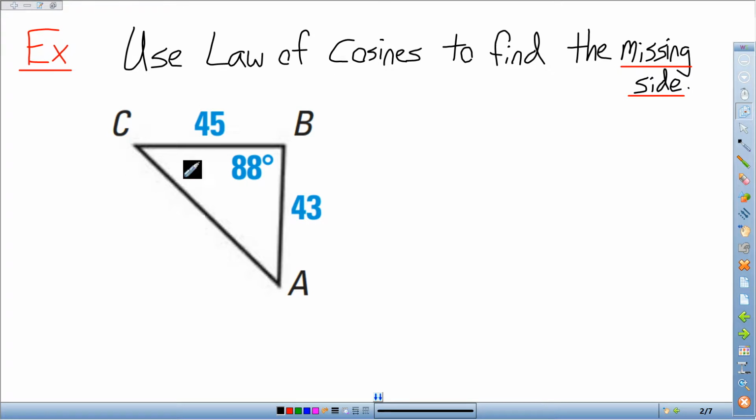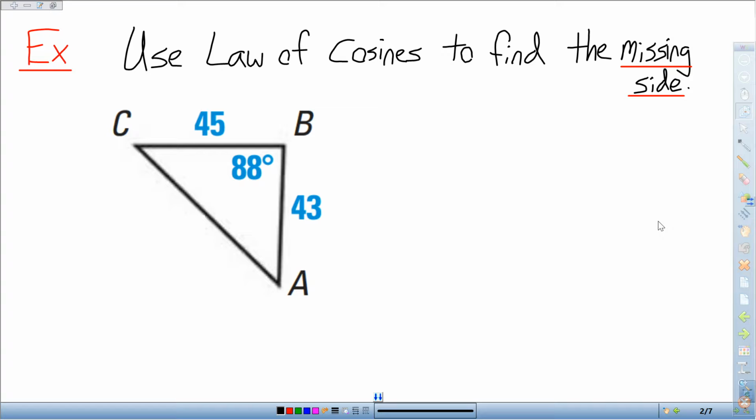Go ahead and take a second, copy this triangle, and we'll find the missing side. First thing to point out: why are we using the law of cosines on this triangle instead of the law of sines that we learned in the last section?